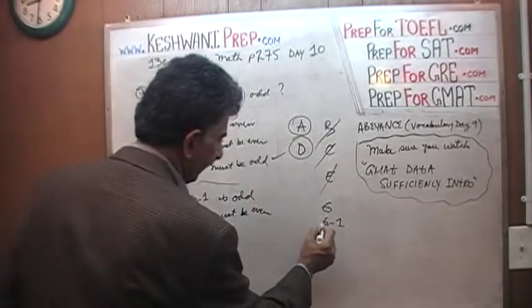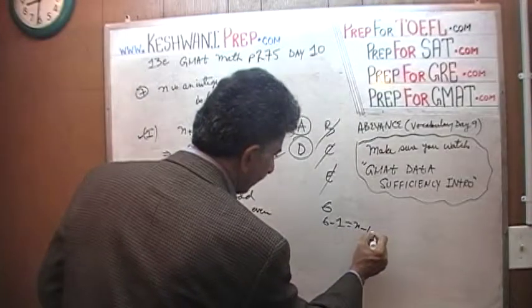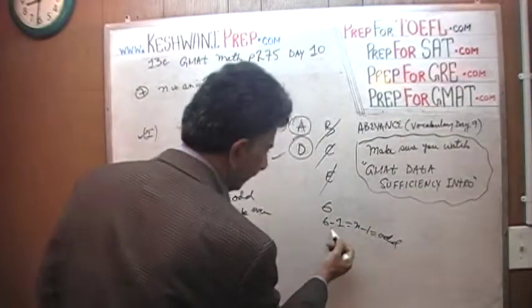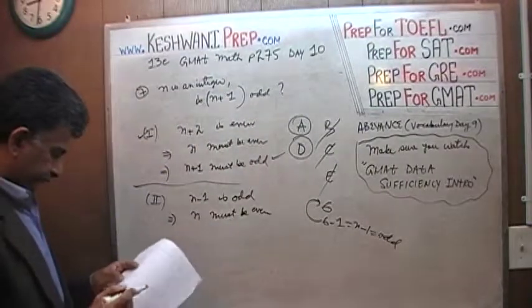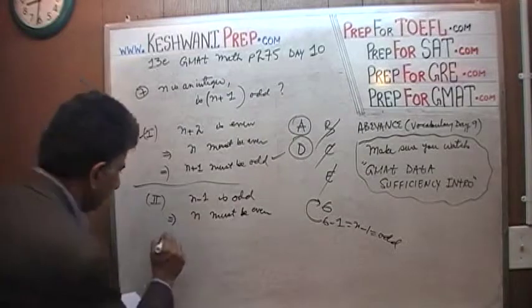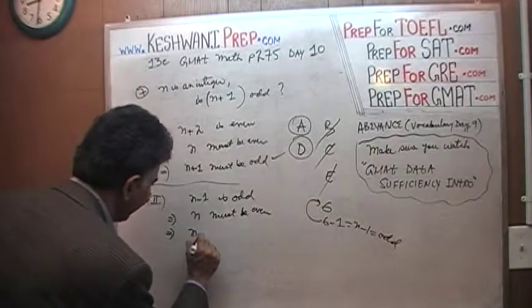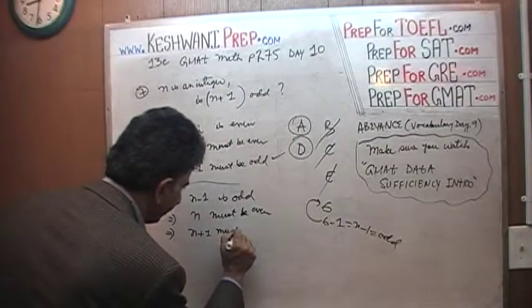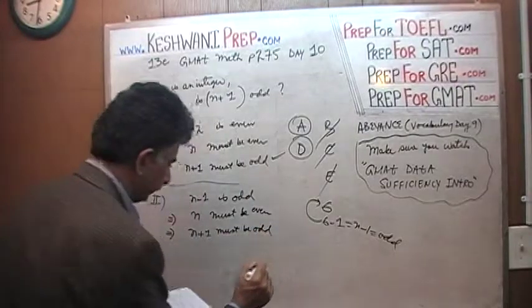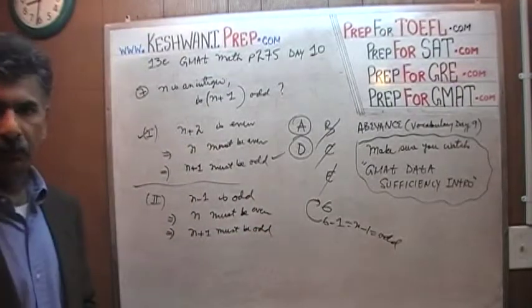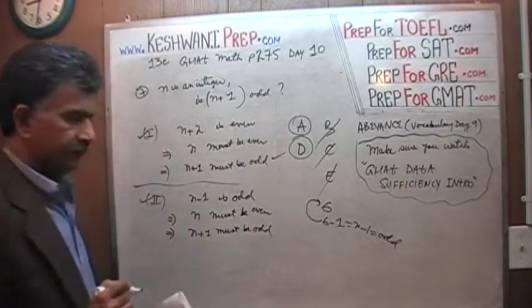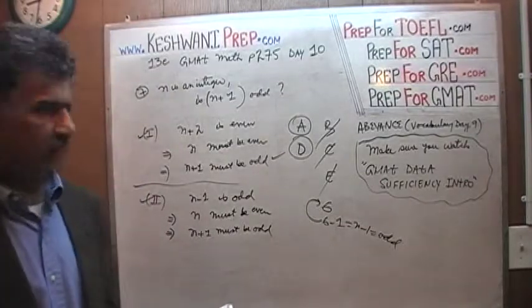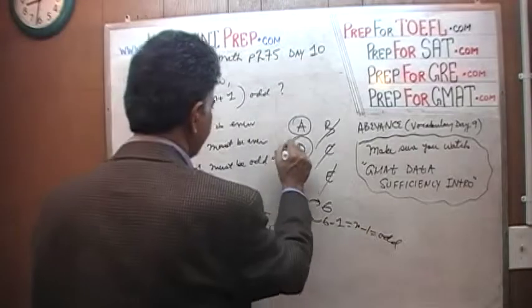If n minus 1 is odd, then n must be even, and that implies in return that n plus 1 must be odd. So that also is good enough for us to be able to answer the question, is n plus 1 odd? The answer is yes. The information in the second statement is also enough, which means that the correct answer is D.